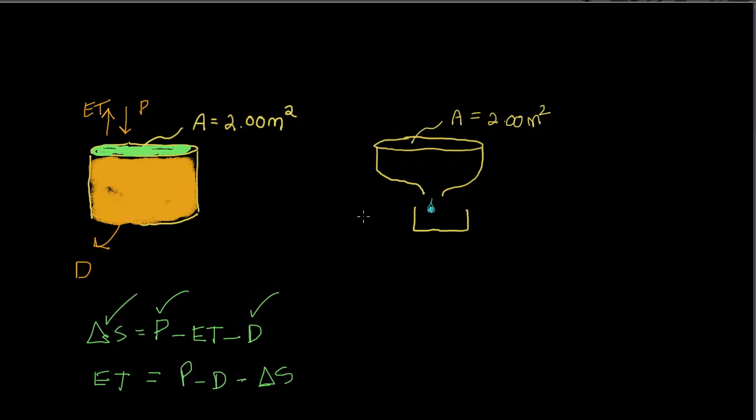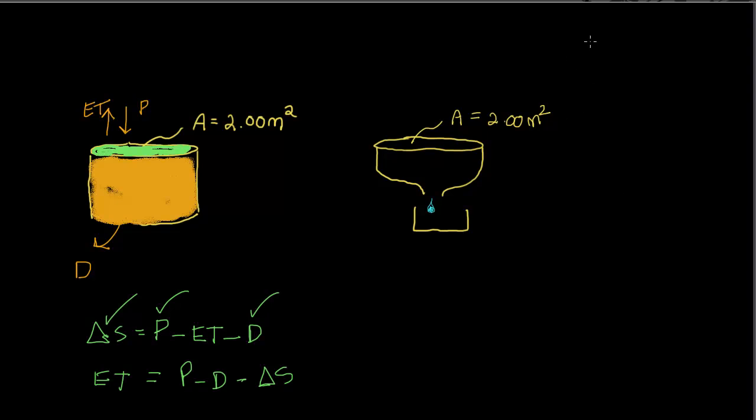Now, to make this problem super easy, we're also saying that right next to our lysimeter in the ground, we're going to place a huge rain gauge with a surface area of exactly the same as our lysimeter, 2 square meters. We're going to capture the rain that falls during this period of 1 day, and that's going to be a direct measure of the precipitation in volume per time.